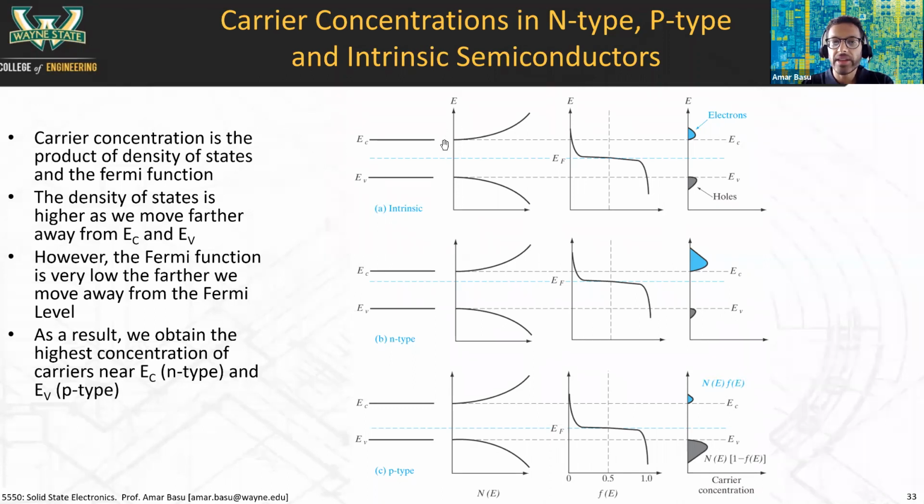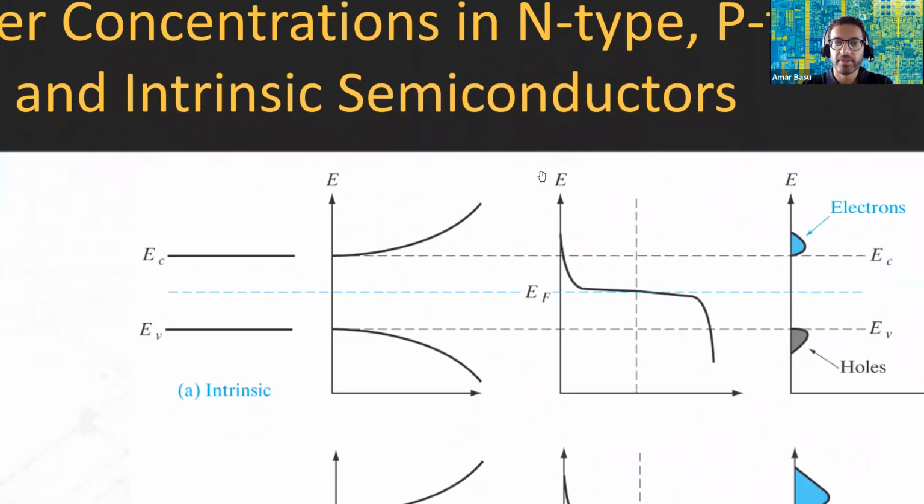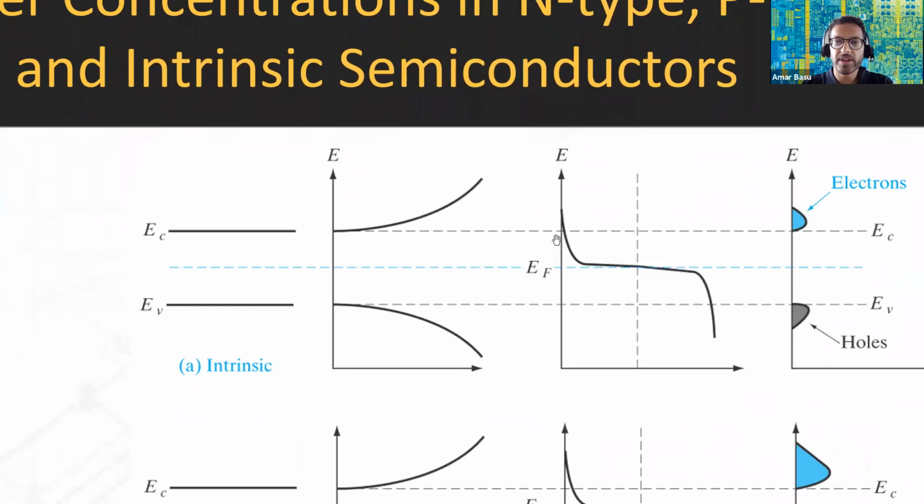On the other hand, if you go right at EC, there are 0 states. I'm going to zoom in here. The Fermi function tells us there's a non-zero probability, but there are no states, so the carrier concentration here is 0.